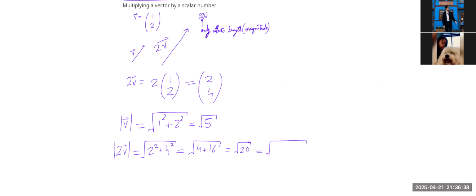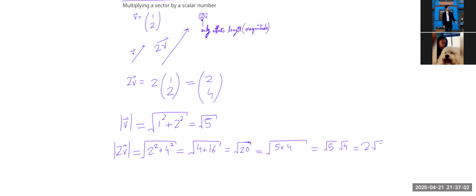What's the smallest square number that you know of? 4. Exactly. So 4 times what? 5. Is there any other bigger square number that goes into 20? No. So 5 times 4, which means root of 5 times root of 4, which means 2 times root of 5.